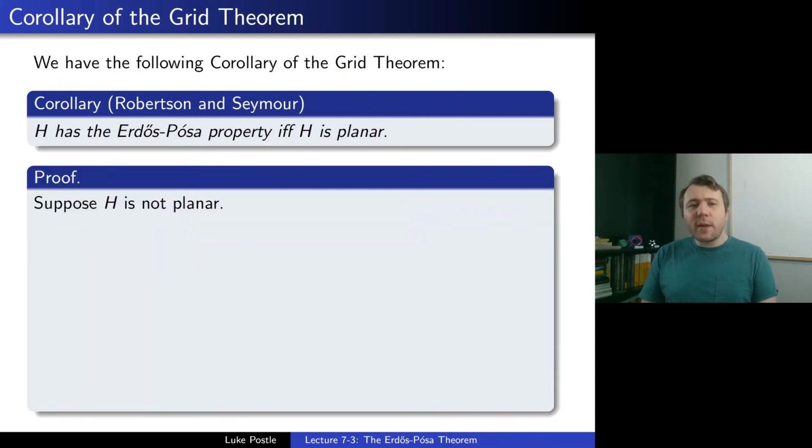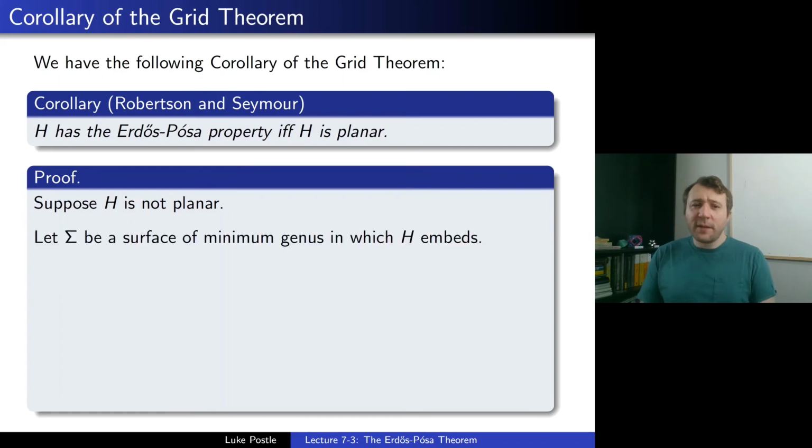So how do we do this? First, we're going to do the two directions. Let's do when H is not planar and show it doesn't have the Erdos-Posa property. For this, we don't need the grid theorem. The key is just to use the non-planarity. Let sigma be a surface of minimum genus in which H embeds. So it doesn't embed in the plane, but in some other surface. Let's minimize the genus of that surface.